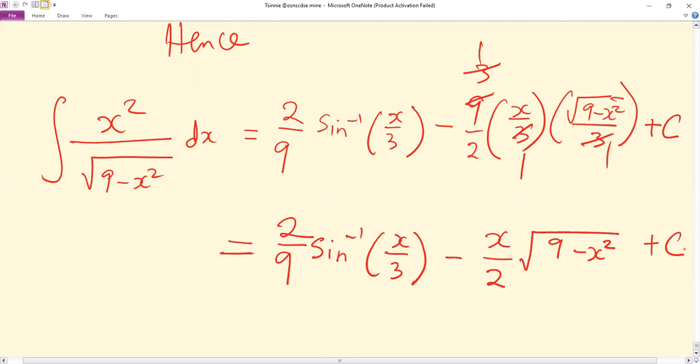So that is the solution for that given problem. In the next session we give more examples on how to find trigonometric integrals involving substitutions. Thank you.